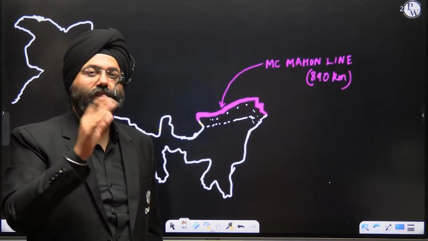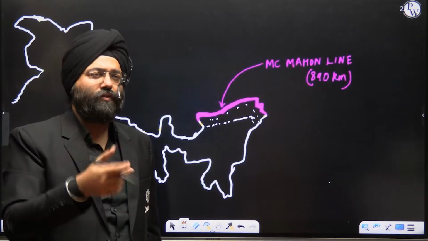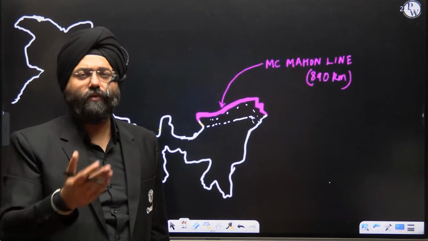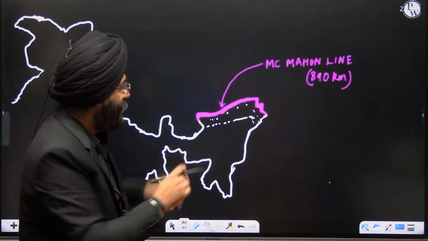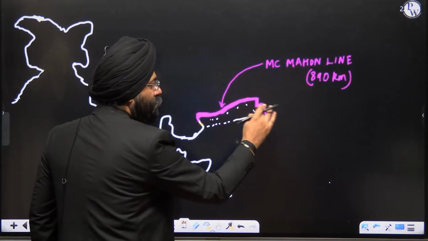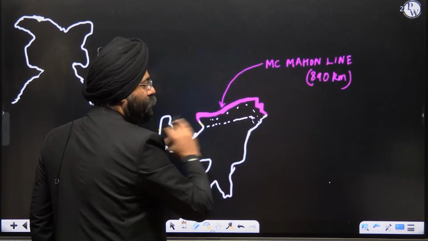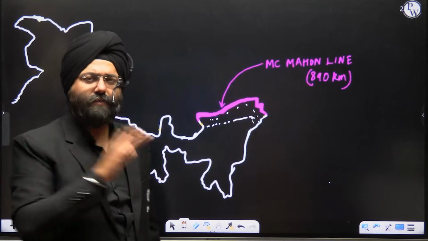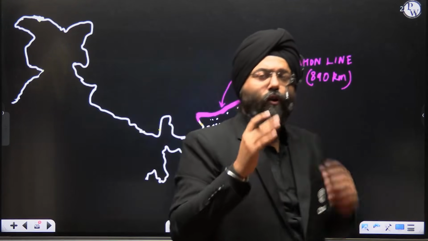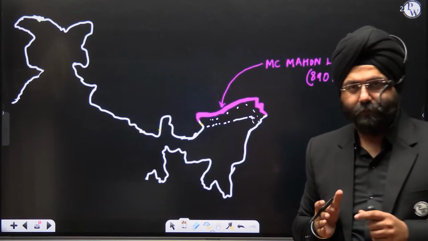And they are continuously creating disputes, like stapled visas, which has been going on for a very long time. And they do not agree to this line. They said this should be the actual line, which India completely disagrees with because Arunachal Pradesh forms an integral part of the Union of India. Let's move ahead.